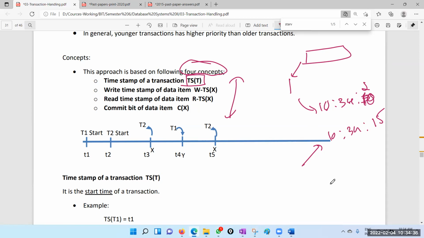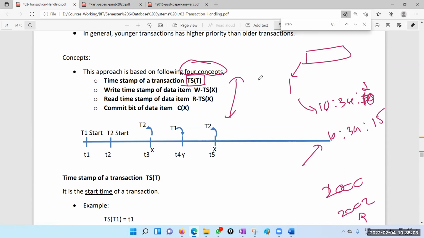For example, if you were born in 2000 and another one was born in 2002, you can see this guy is the younger guy. Younger means bigger birthday. Older means smaller date of birth. Same thing: higher timestamp means younger transaction.